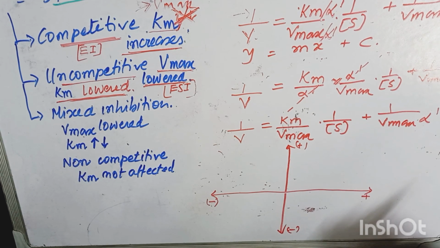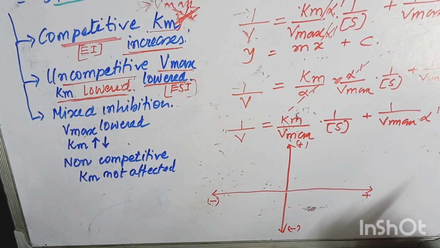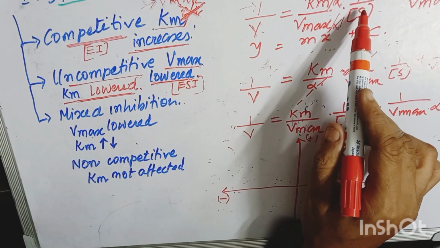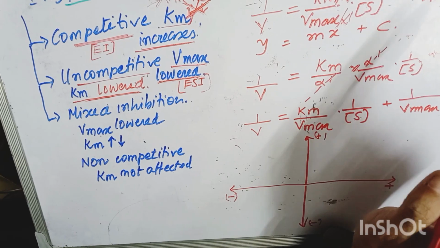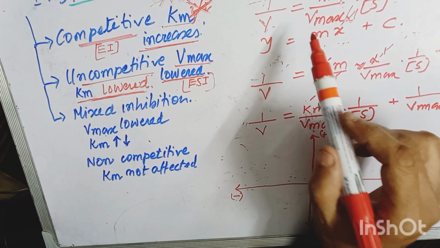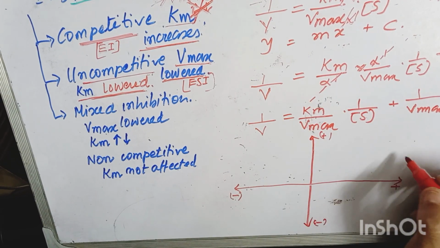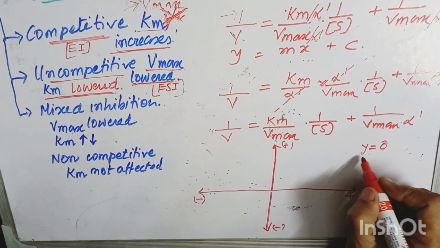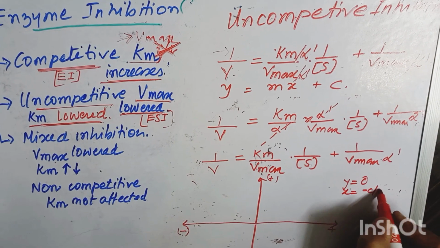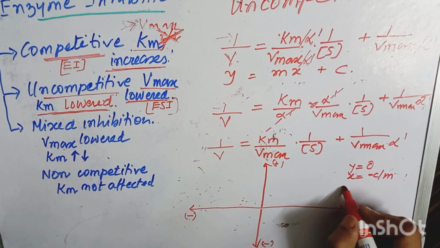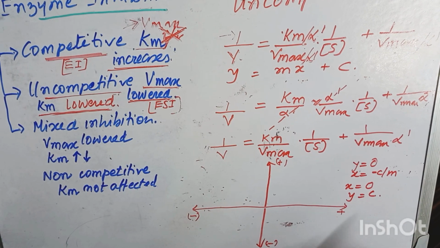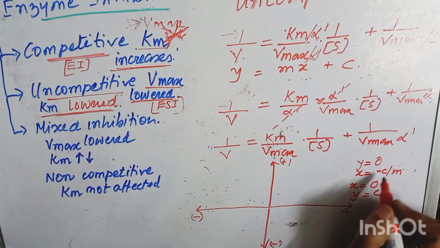Now, what was the original plot for no inhibition? If you remember, it was 1 by v equal to km by v max into 1 by s plus 1 by v max. So when y equal to 0, x equal to minus c by m, that you all remember. When x equal to 0, y equal to c, for a straight line. So these are the 2 points.